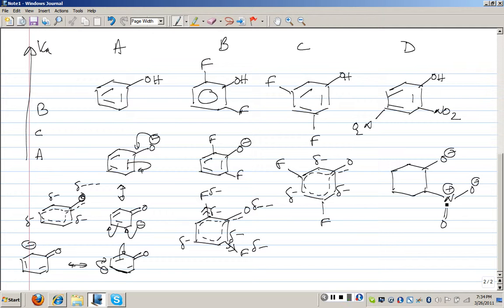Add to the fact, and this is what I'm going to do now, I'm just going to draw one of the resonance forms because I think it will make the point. If I draw the resonance form here, what you will see is that placing that nitro group on the ortho position, and then as it turns out the para as well, in addition to the inductive stabilization that nitro group affords, there is also the fact that I've now placed a minus charge one bond away from a double bond.